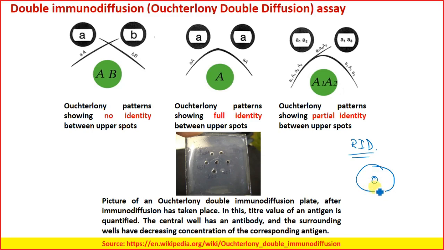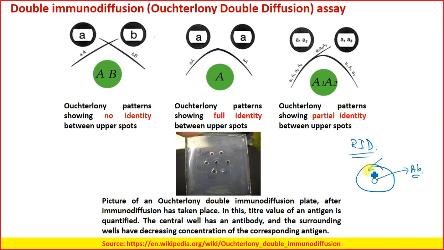Within this, you have a well which contains antibody, or it may also contain the antigen. So we are considering antibody is present within the well, and this agar plate has the antigen for this.